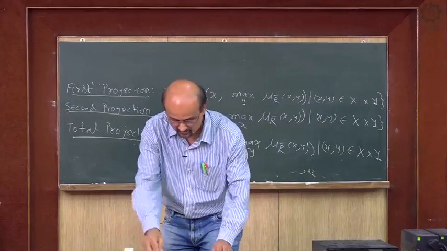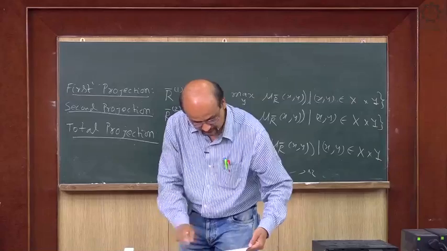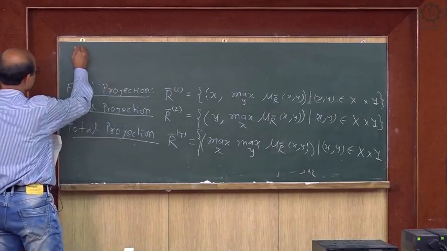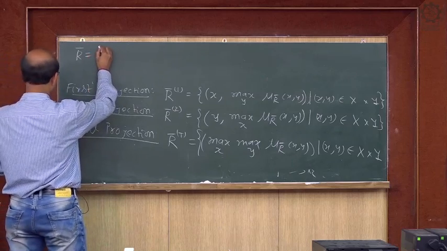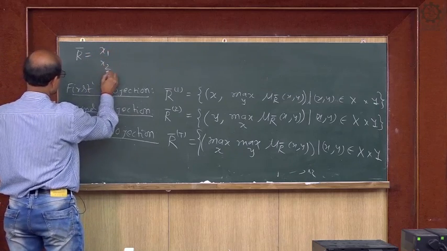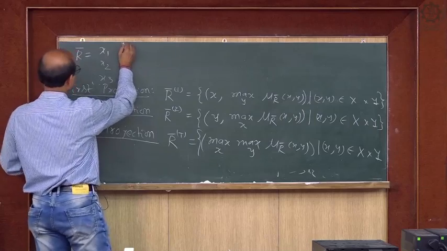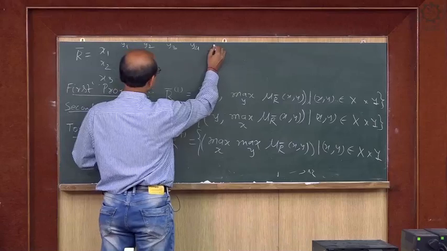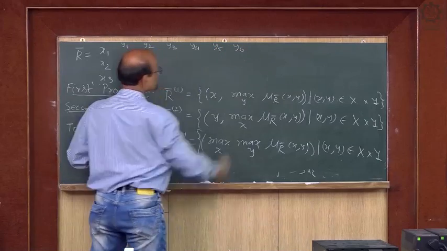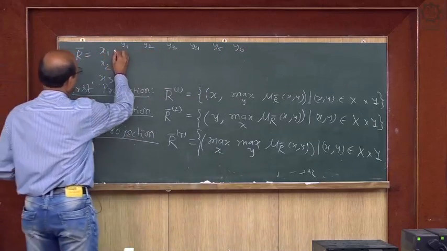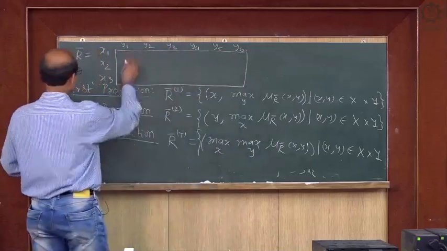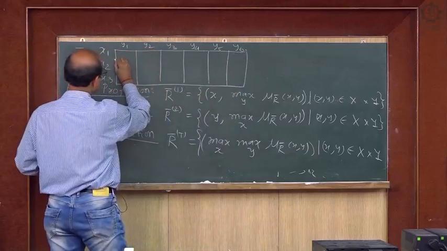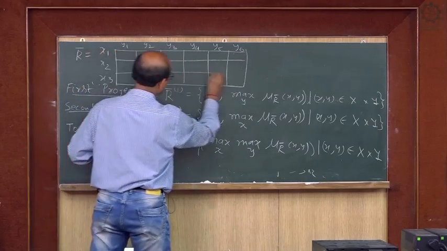Suppose I have this relation given for x1, x2, x3 and y1, y2, y3, y4, y5 and y6. This is your x, this is your y. I have y1, y2, y3, y4, y5, y6, and these are your x values.